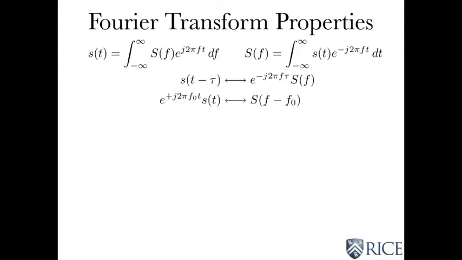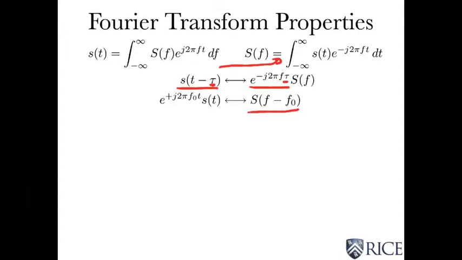Okay. The first one is one that you've seen before: if I delay in the time domain, that corresponds to multiplying in the frequency domain by e to the minus j 2 pi f times the delay. We've seen this with the Fourier series, and I think it's pretty easy to see when you plug in the same formula and use the same mathematics in this case too. However, what's really interesting is what happens if you delay in frequency.